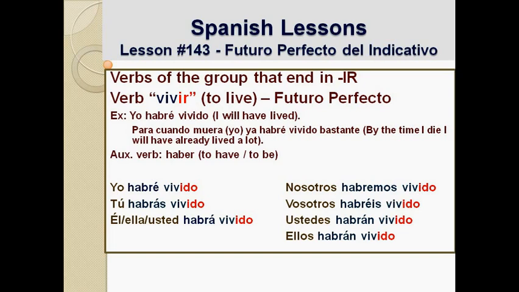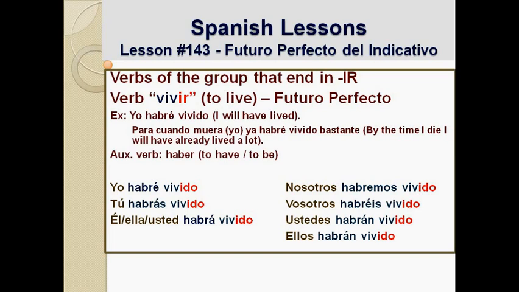However, these tenses or conjugations where we are using an auxiliary verb apply for all the Spanish verbs, the regulars and the irregulars. Why? Because in these, where we are using an auxiliary verb, as here with the verb haber, what we conjugate is the auxiliary verb, right?